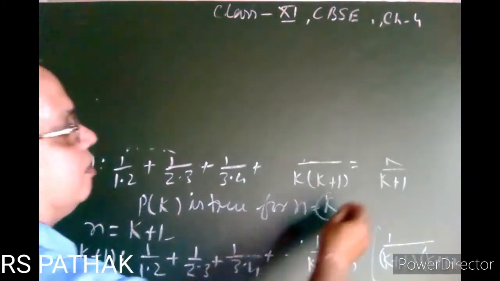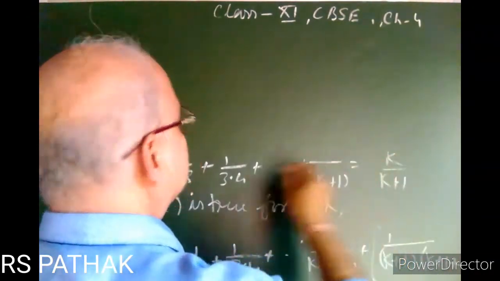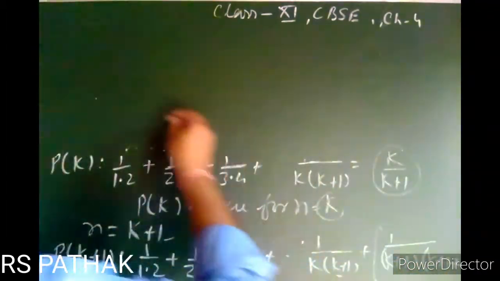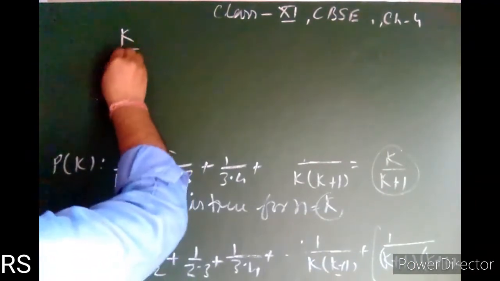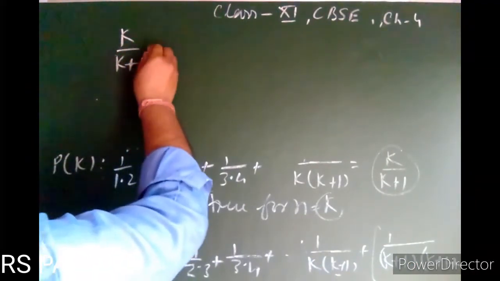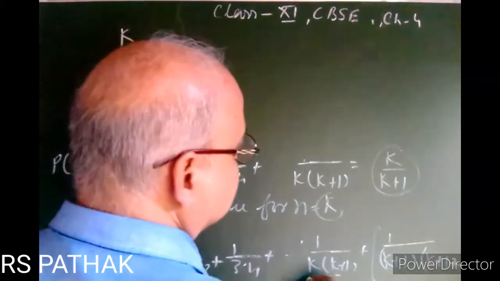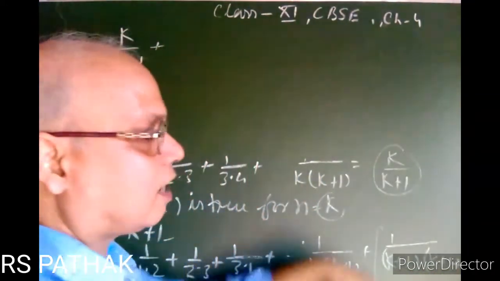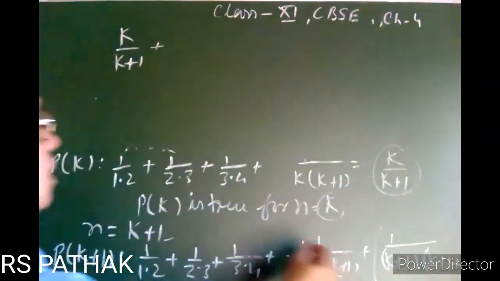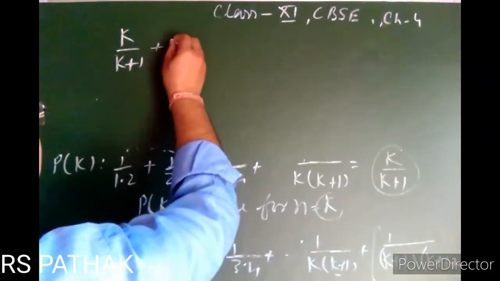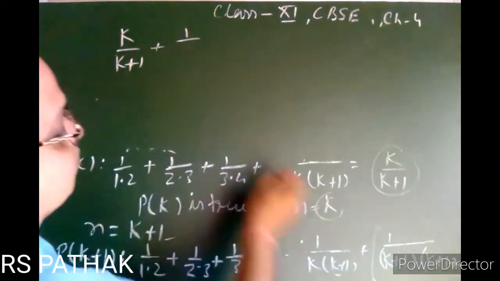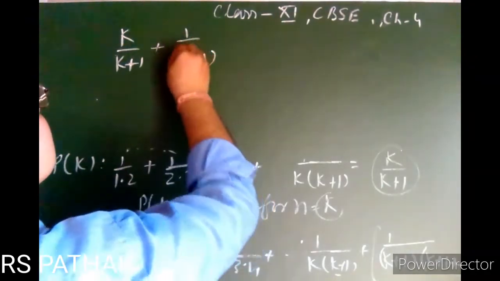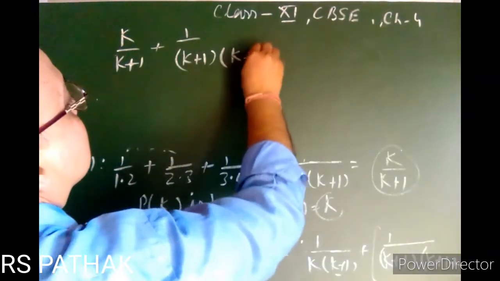Up to the kth term, the sum is k upon k plus 1. And this is the extra term. Therefore, this extra term will be added on the right hand side also. Then I will add it again: 1 upon k plus 1 into k plus 2.